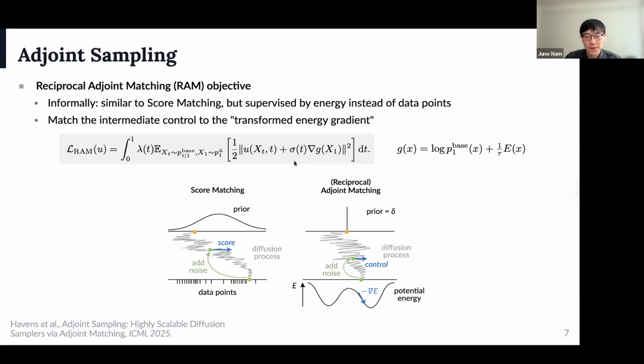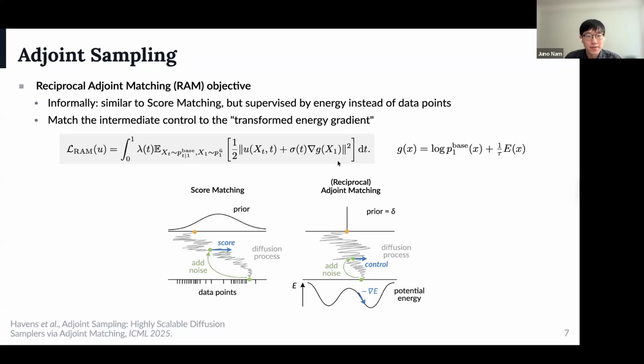So this is quite efficient because this kind of reciprocal projection enables us to, at some point, generate a bunch of final data points and save this regression target. And after that, we save that into the replay buffer, and we sample intermediate time steps from the replay buffer and just regress against that regression objective.